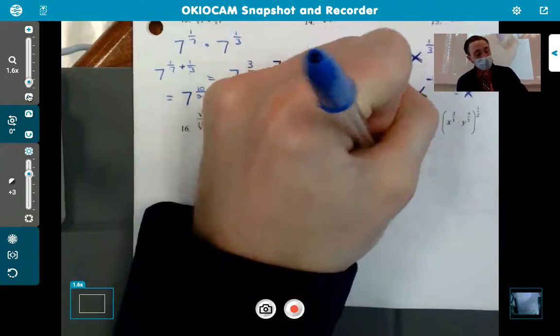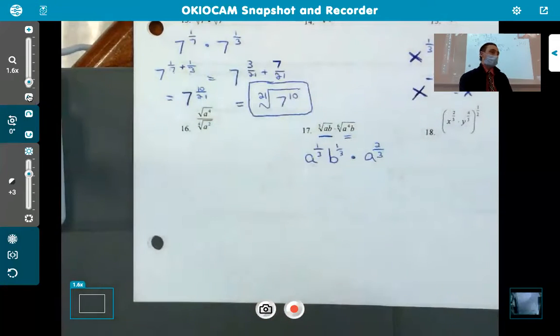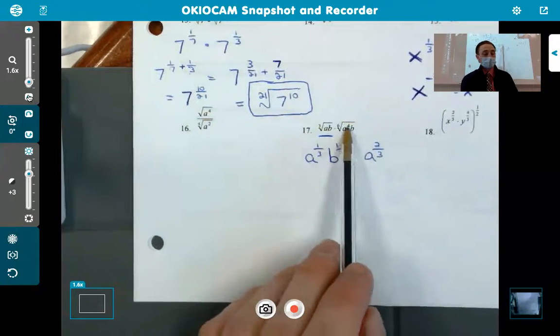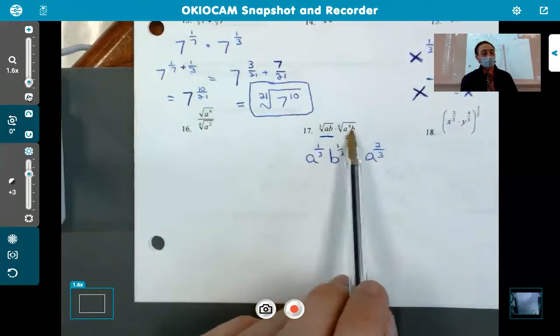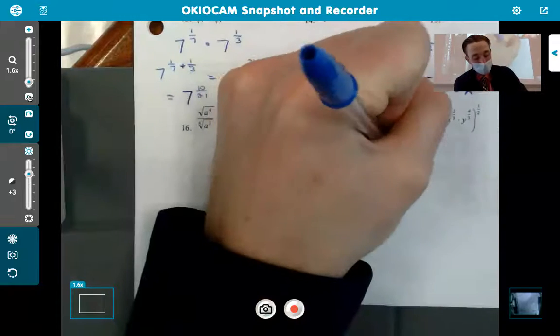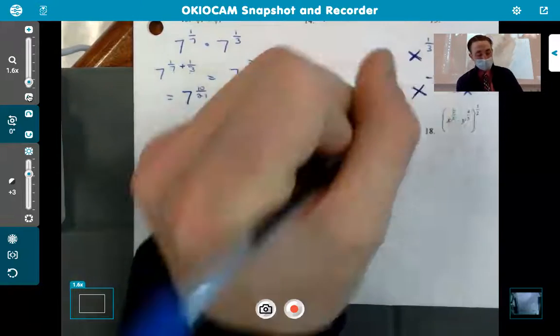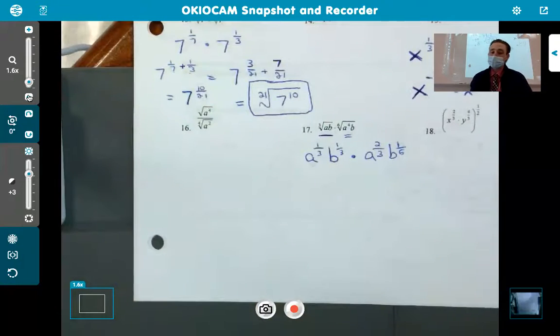If you need to write the 4 over 6 and then simplify it in another step, that's fine. But what I would suggest doing as we start moving along here, just to create less work for yourself, a to the 4 over 6 is the same thing as a to the 2/3, right? B, however, is raised to the 1/6 power still, because I couldn't simplify that fraction any further.